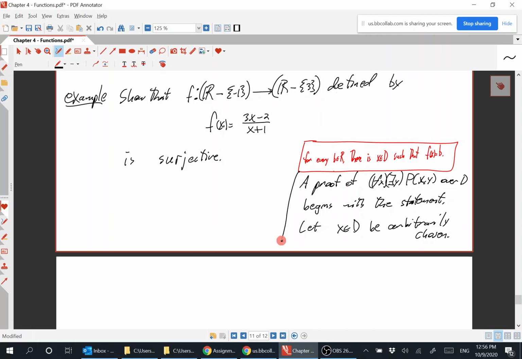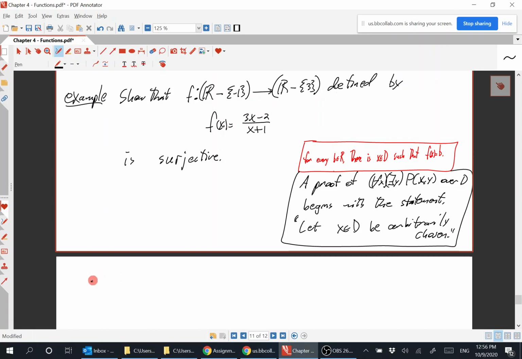Anytime you're trying to prove for every x there exists a y satisfying P of x, y over domain D, it begins with the statement, let x be arbitrarily chosen, or something of that sort.